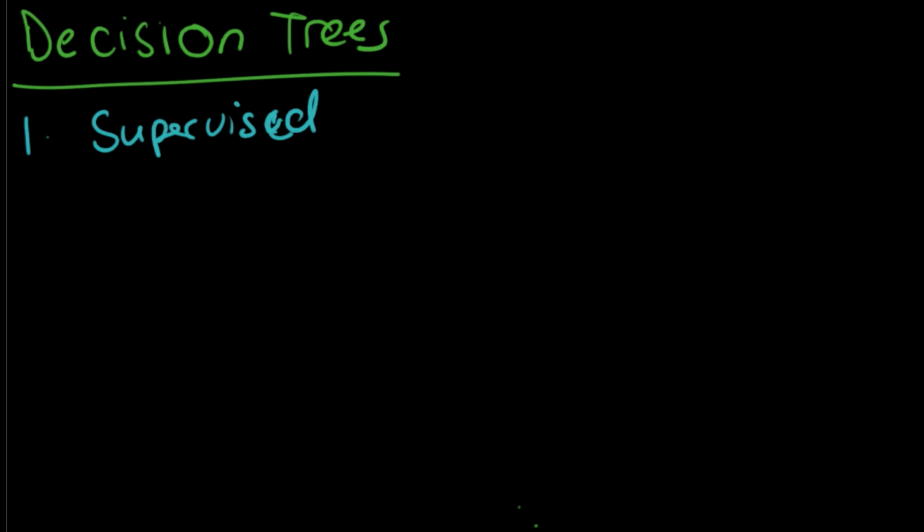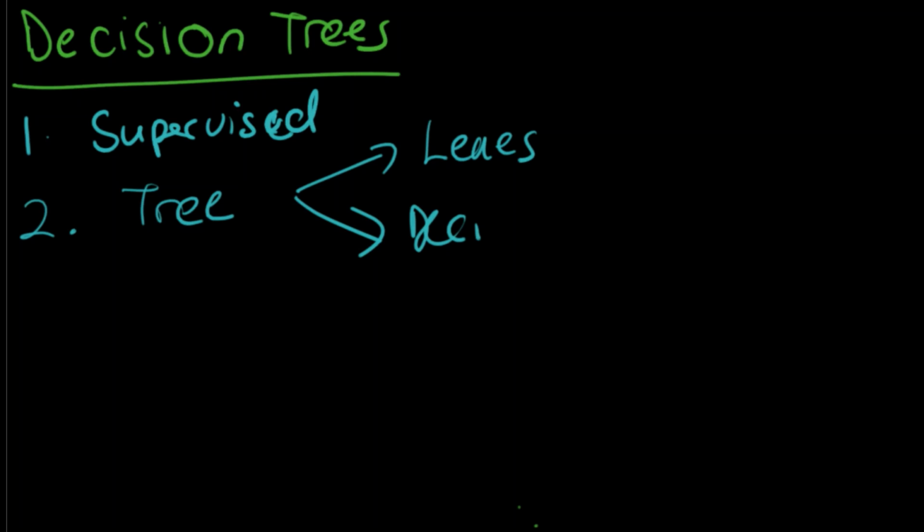The second thing we need to know is what exactly a decision tree is. Essentially, it is a tree that is split up into decision nodes and leaves. Your leaf nodes are always at the bottom of the tree. Just imagine a picture of a tree: you have the root, which is at the bottom, it goes up, and it then branches off.